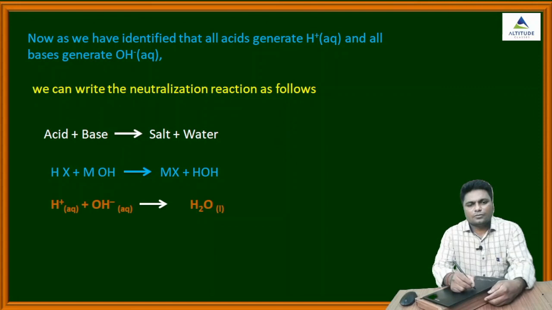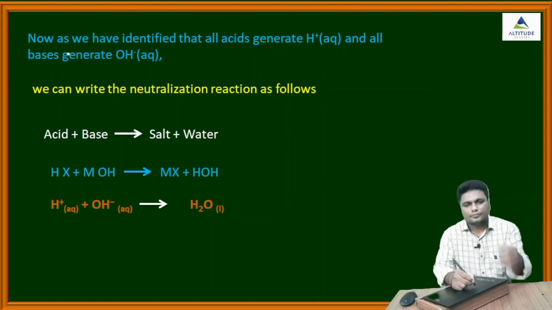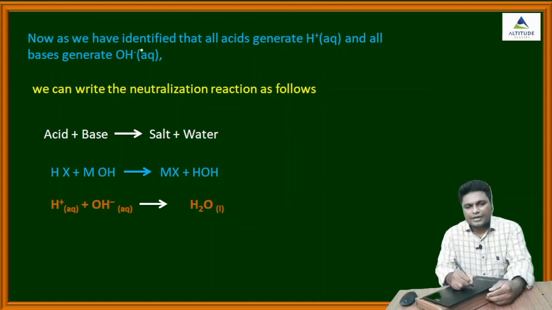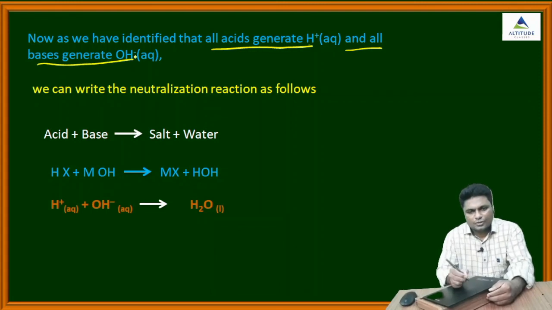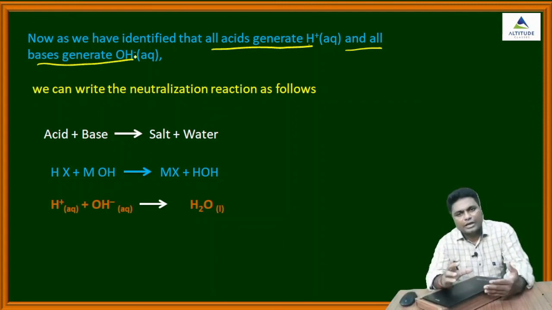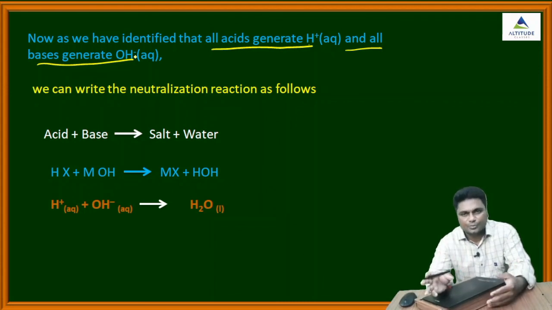Now, as we have identified that all acids generate H plus ion in aqueous medium, and all bases generate OH minus ion, it means that when we add acid to water, it gives H plus ion.